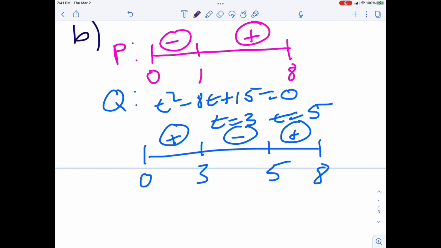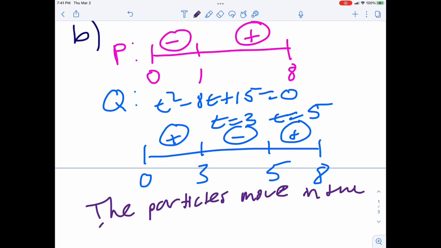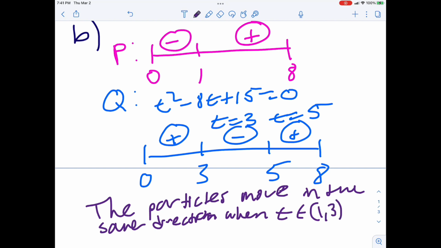What I see is that the particles move in the same direction when t is an element of, well, let's see. They will both be moving to the right, or in the positive direction, from 1 to 3, and also from 5 to 8. They'll be moving in the same direction.